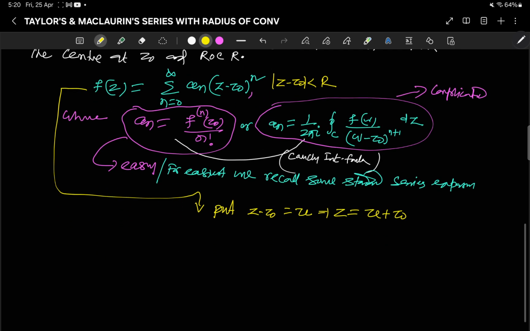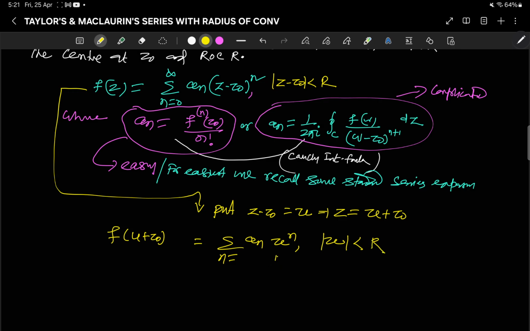So what happens to this series? f(z) becomes f of u plus z0, which will be summation of an u to the power n with mod u less than R. Now again if I substitute u as z minus z0, mod less than R, we come back to the original series. So this approach is a better approach.